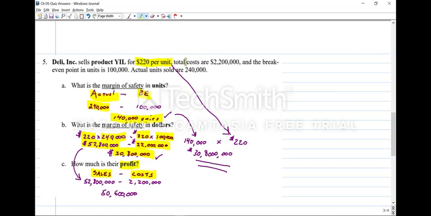So this includes the fixed and the variable components. So if you take your sales minus your costs, so your sales were $52,800,000 as calculated above, the costs are given to you at $2,200,000. Simply subtract those, and you end up with a profit of $50,600,000.